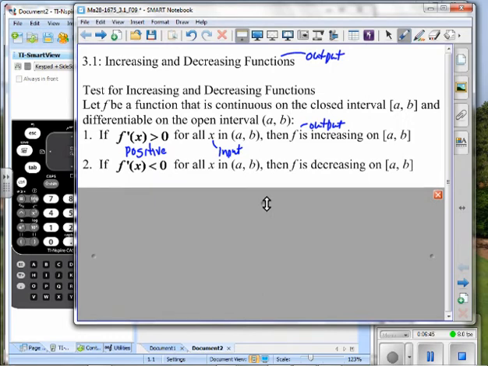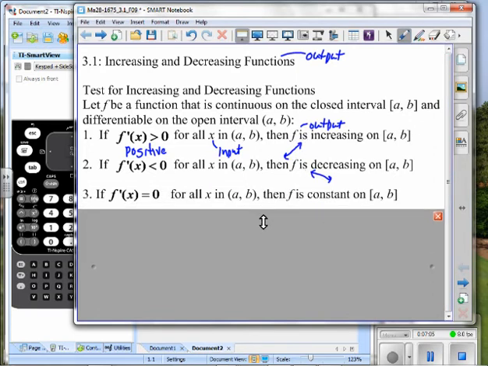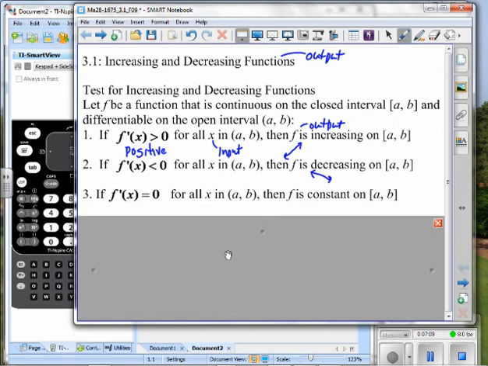If the first derivative is negative, then you know that the function is decreasing. So we would have tangent lines that go downhill because the slopes of them are negative. Up here we'd have tangent lines that go uphill because the slopes are positive. And if the first derivative is 0, then the function is constant on that interval.